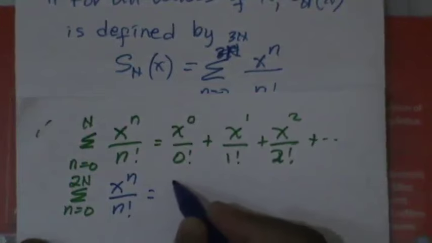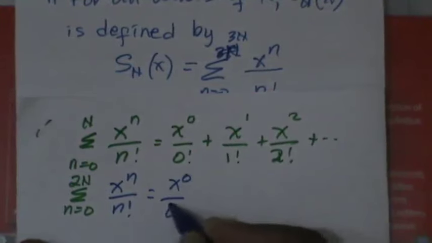Now, if you change this upper boundary and make it n equals 0 to 2n, for example, what it means is that your exponent is a multiple of 2. So x to the n over n factorial will be x to the 0 over 0 factorial for the first one.